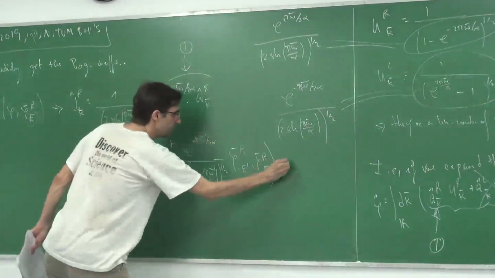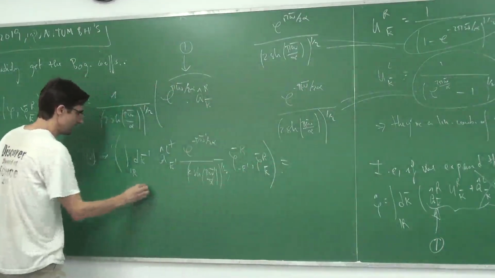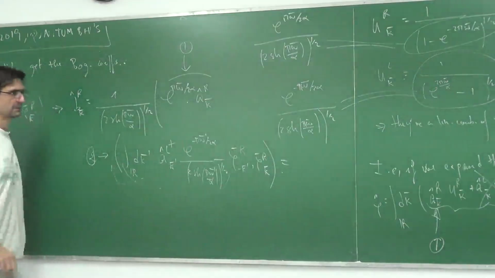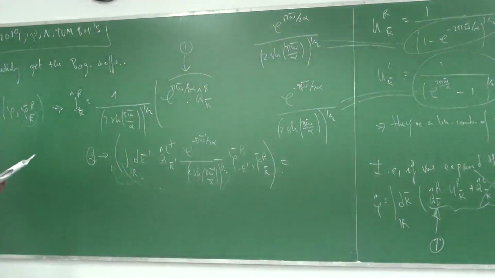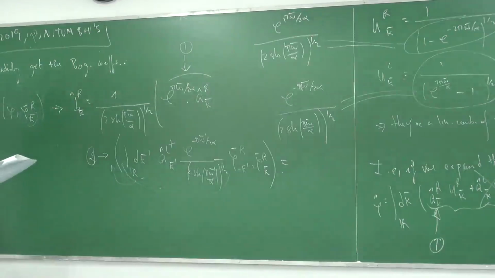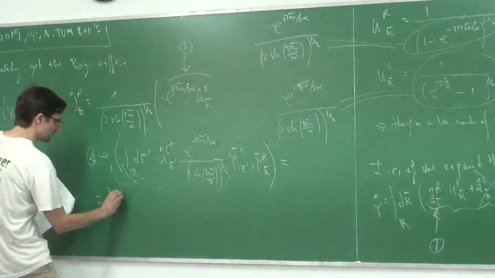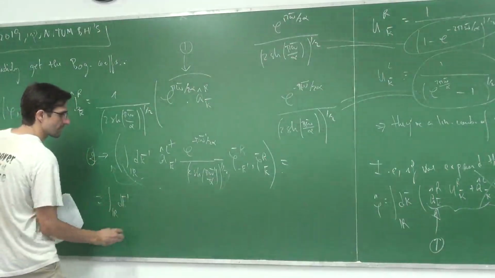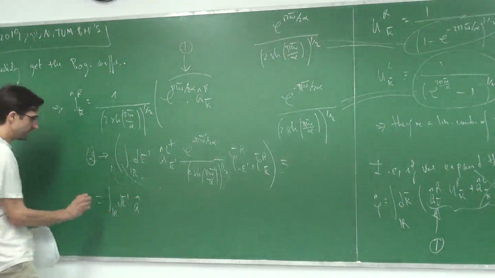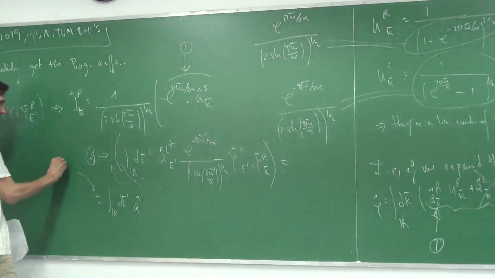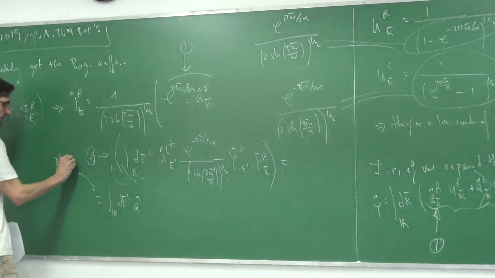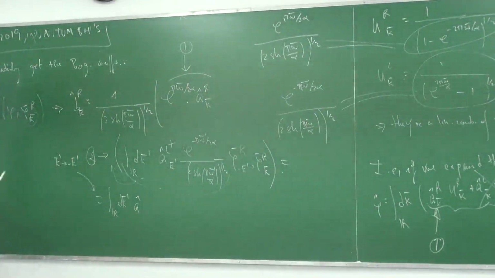First of all, you can take out all this lot, you can take it outside. So this is, now I'm changing the sign. I'm changing k bar primed to minus k bar primed, and I'm still calling it k bar.